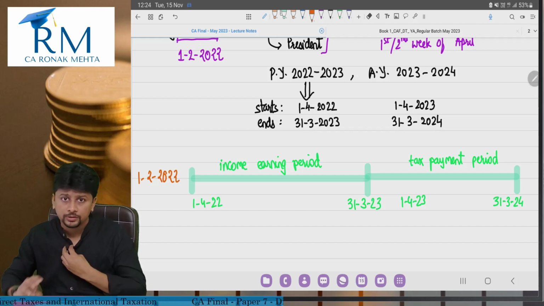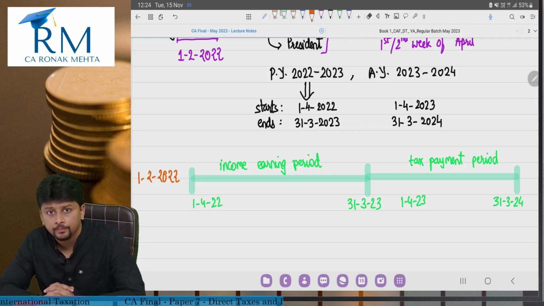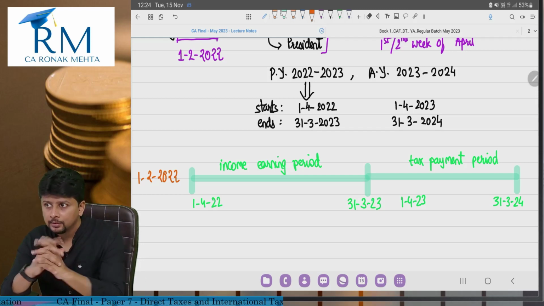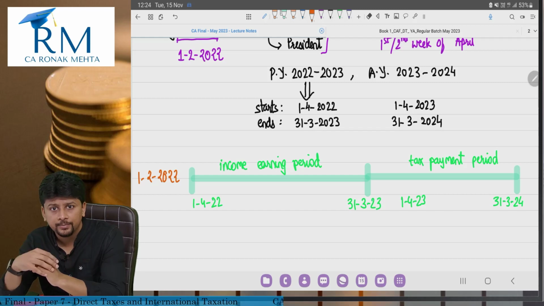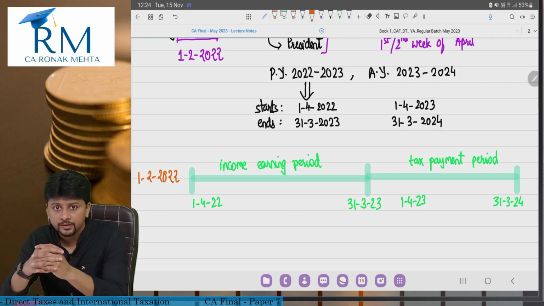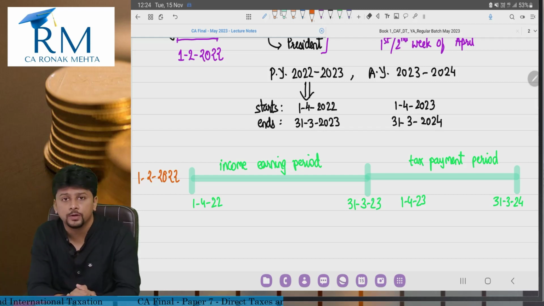In the budget, all of us know that rates of tax are announced. Everybody is eagerly waiting. Will they increase the slab rates? Will they give us more tax relief, tax benefits? Will they reduce the rate of tax for companies and firms?